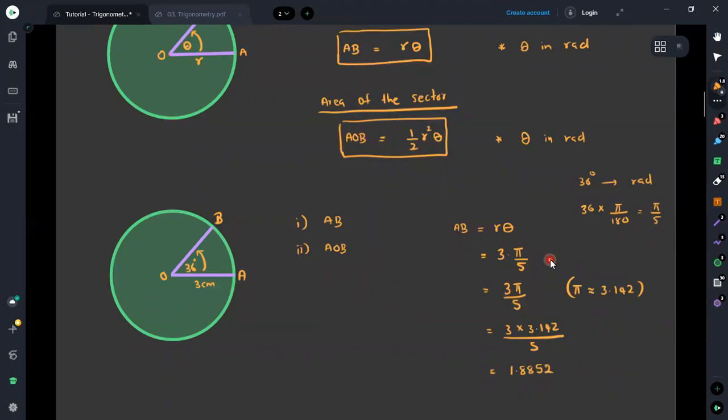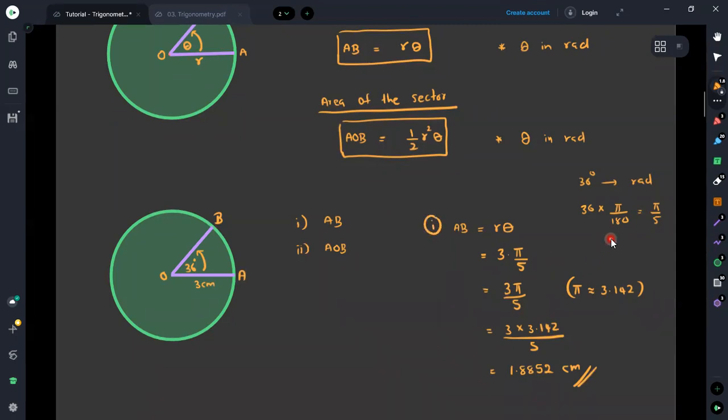Here we have to show the units. Since the length is measured in centimeters, this will be given in centimeters as well. This is how we calculate the length of the arc.